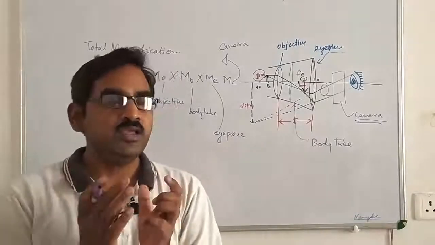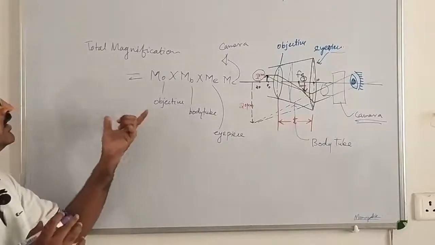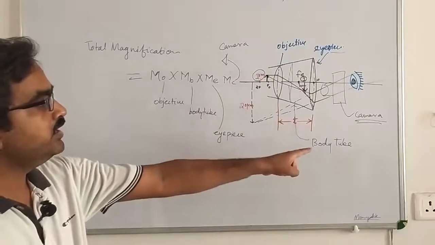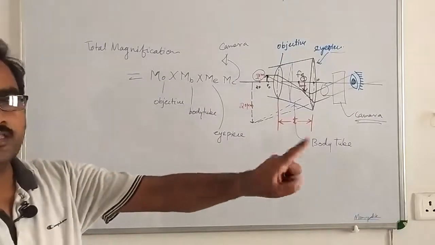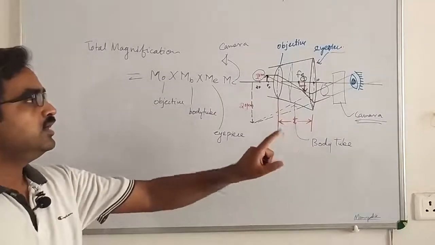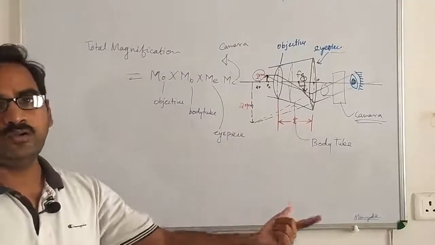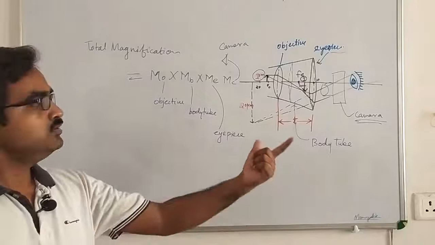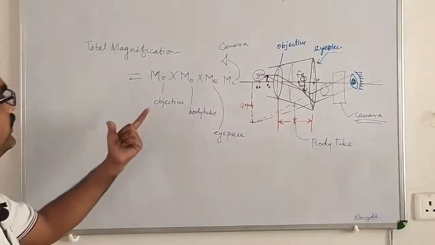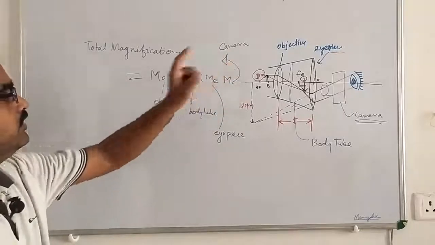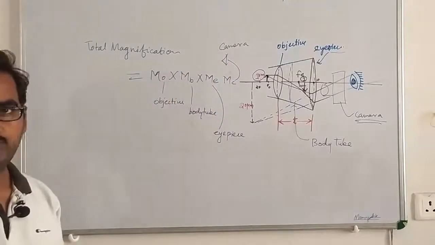Then we will get a real idea of how many times the image is magnified. Otherwise you will get a wrong report, or you will put a wrong report in your research paper. So remember this, there is not only the objective and eyepiece, there is a camera also, there is a body tube also.